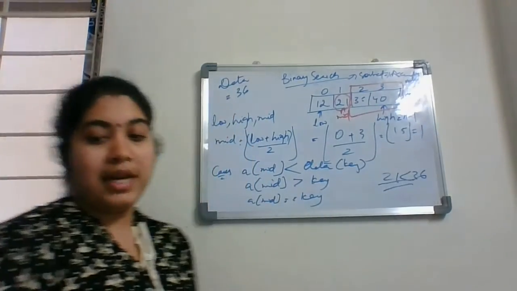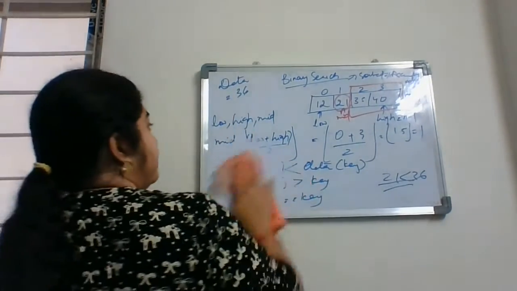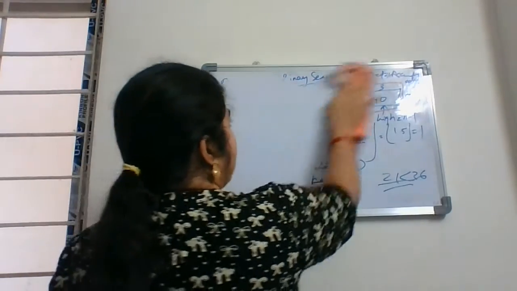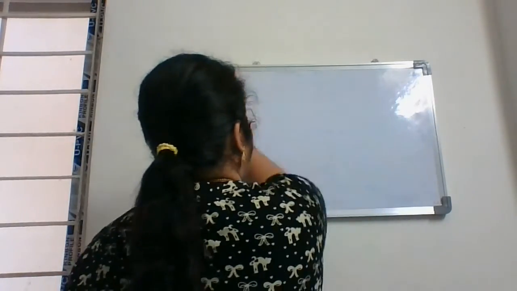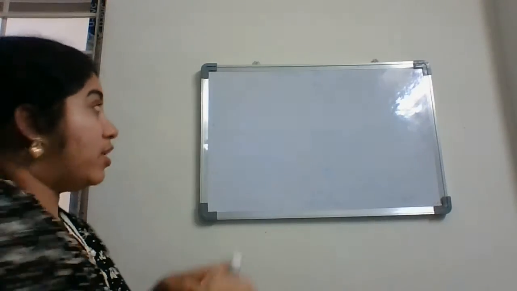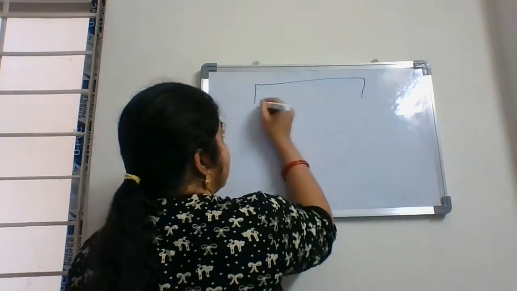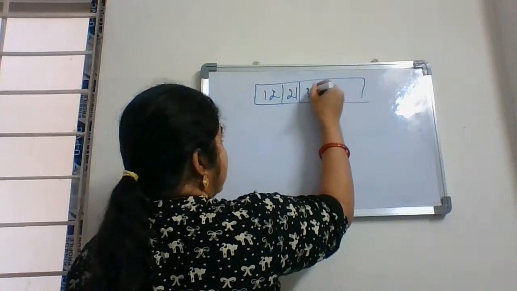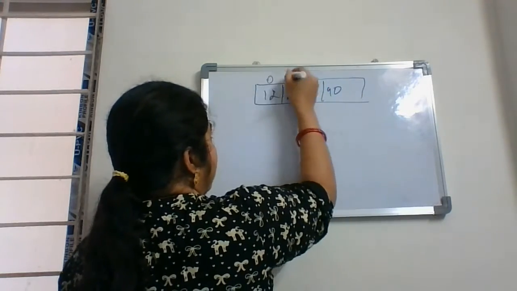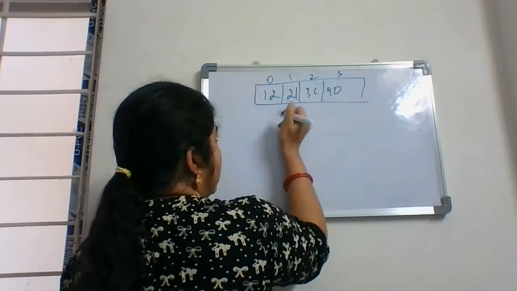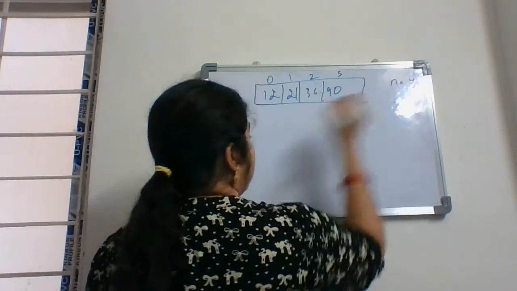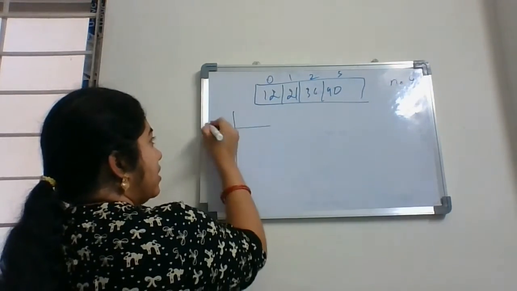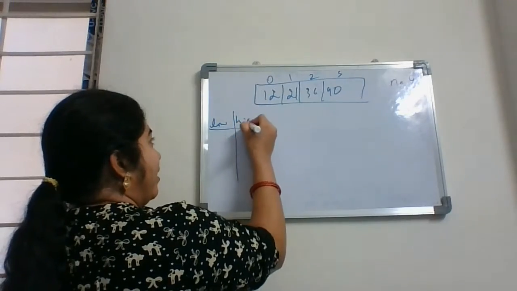Let me explain this clearly. The array I have here is 12, 21, 36 and 40, with indices 0, 1, 2, 3. N equals 4. We need the variables low, high and mid.